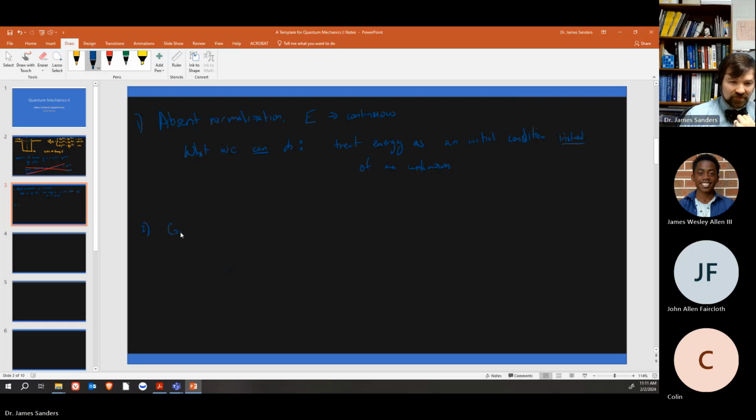2. Let's consider a typical scattering experiment. All right, so what does a typical scattering experiment look like? Well, usually you have your target somewhere over here, and you have some particle that you're shooting at the target.